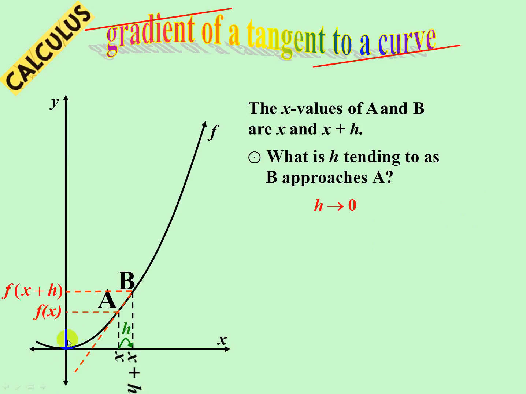Then we looked at the average gradient, where we said that y value minus that y value over that x value minus that x value. So it was f of x plus h minus f of x over h. As B reaches A, this line from A to B becomes a tangent.